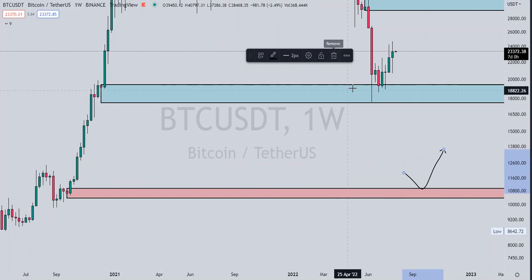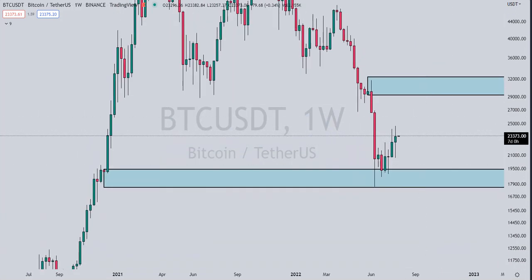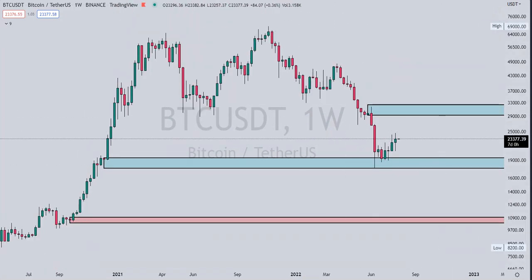But there is no guarantee to see these lower prices, and it's only my view towards the market and what I expect to see. But let's go to the lower time frame, to daily.